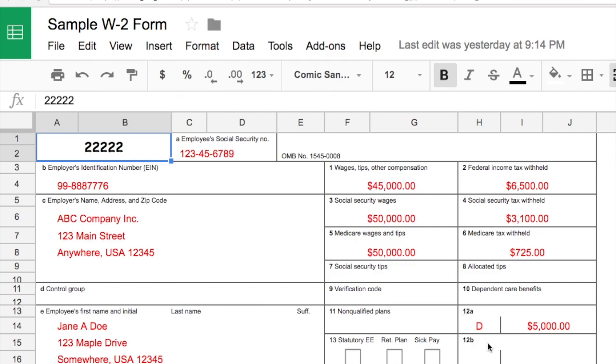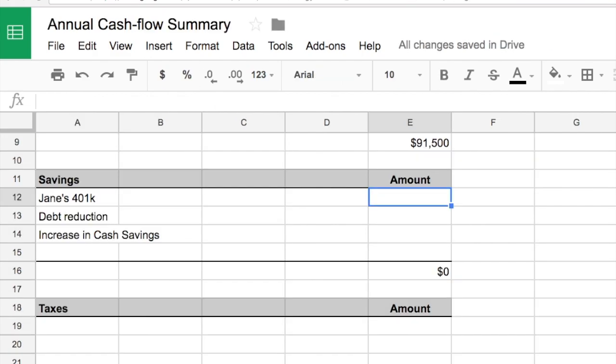In the sections of box 12, which is listed here in this general section of the W-2, there'll be a D, which is the code for 401k contributions. So that's $5,000. So you'll just take and put $5,000. Now I put a negative number there because that's the way my spreadsheet is set up, but you could do it the other way as well. But essentially I want to subtract that from my income.